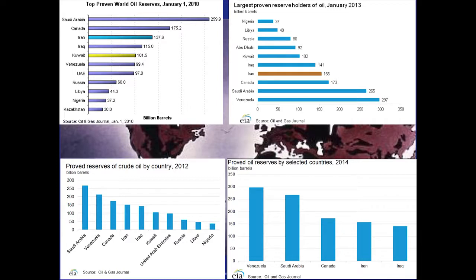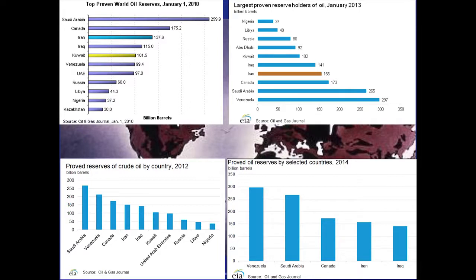Canada was next, 175.2, and then you can see all the others. Notice that in the sixth position on this slide is Venezuela. Here it is in 2012, and look at Venezuela has increased to the second position. And here is 2013, and Venezuela has surpassed Saudi Arabia.